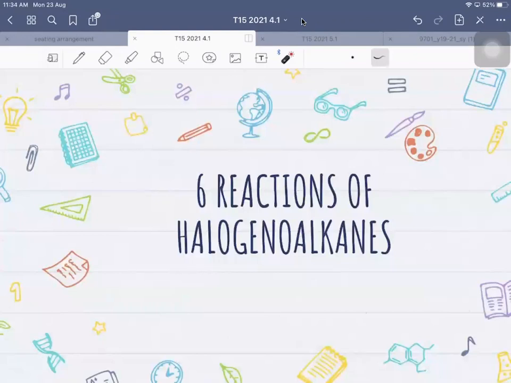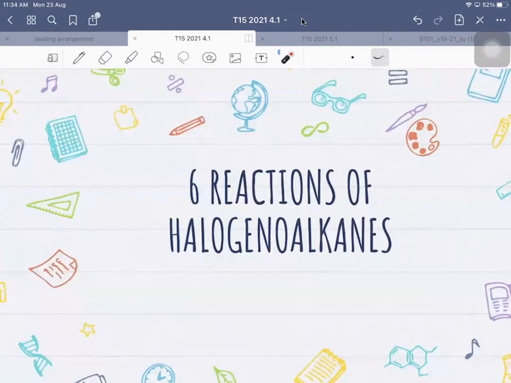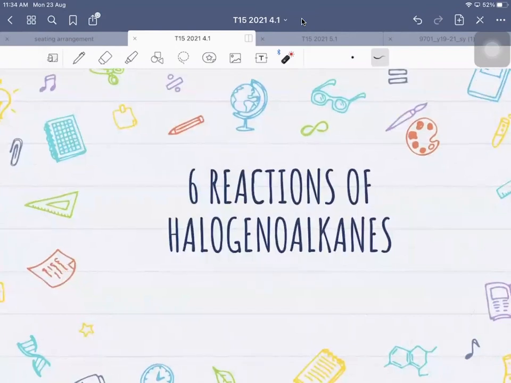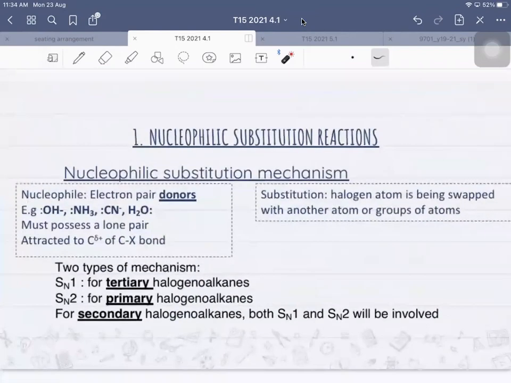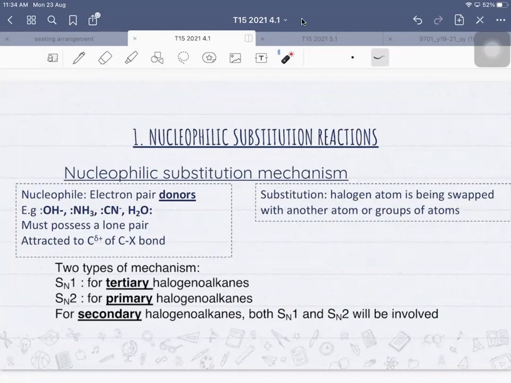Okay, so now we're looking at reactions of halogenoalkanes. So halogenoalkanes undergo the nucleophilic substitution reaction. So the name of the mechanism is nucleophilic substitution. Just to introduce to you the concept of nucleophiles.